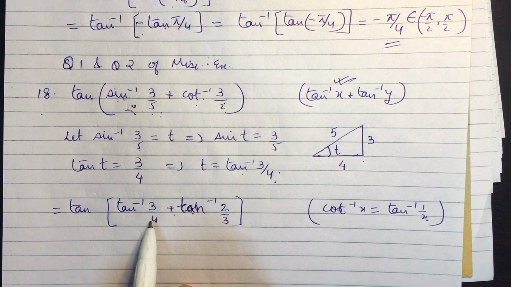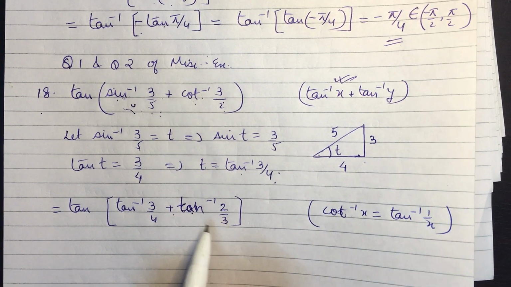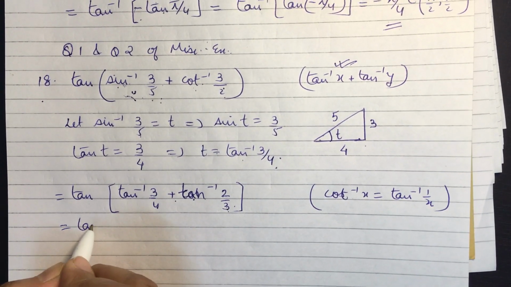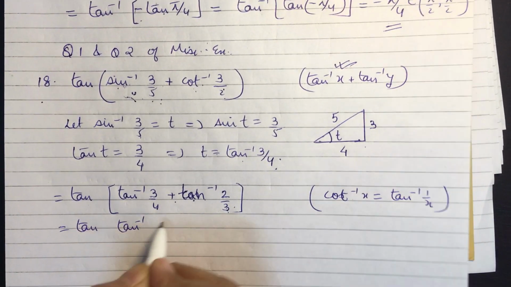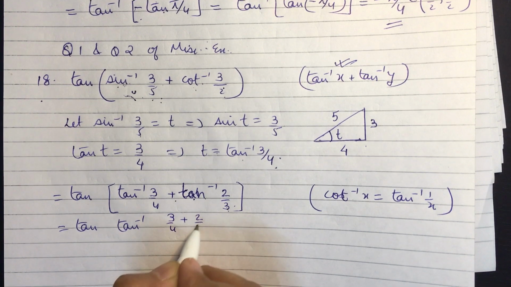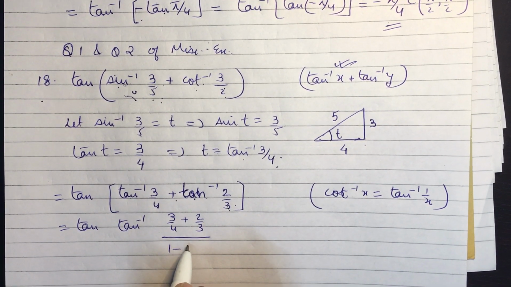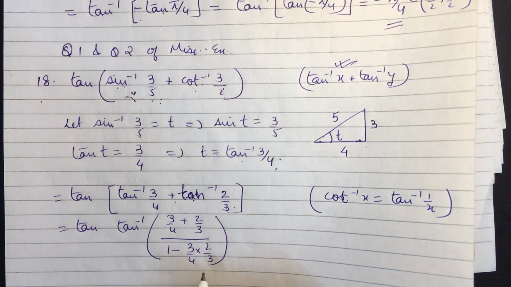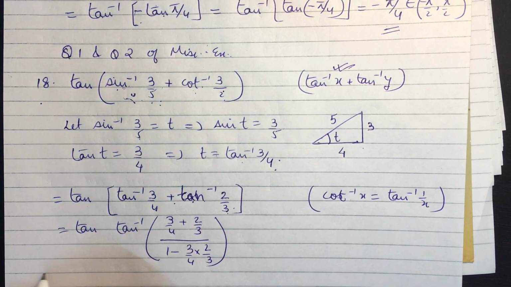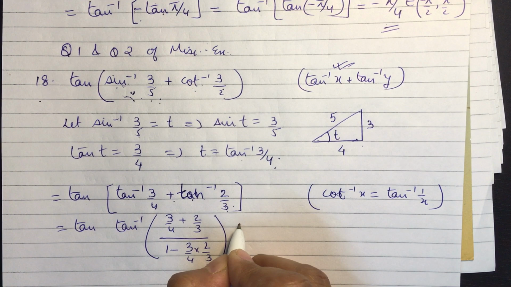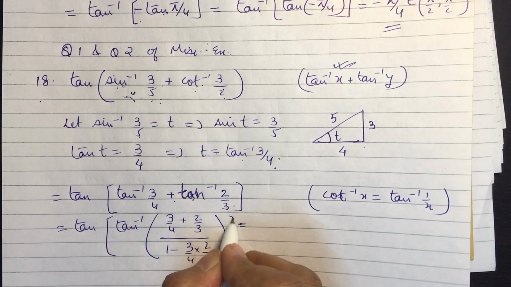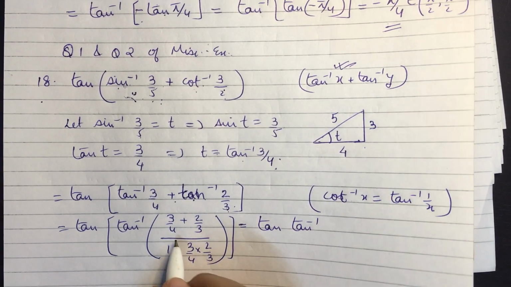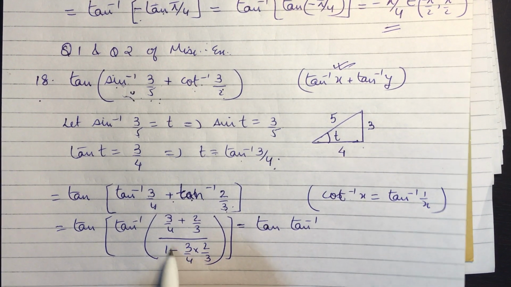Again, 3 by 4 into 2 by 3 is less than 1, and so we can use the formula directly. It becomes tan of tan inverse of 3 by 4 plus 2 by 3 upon 1 minus 3 by 4 into 2 by 3. Now let's see what we get.